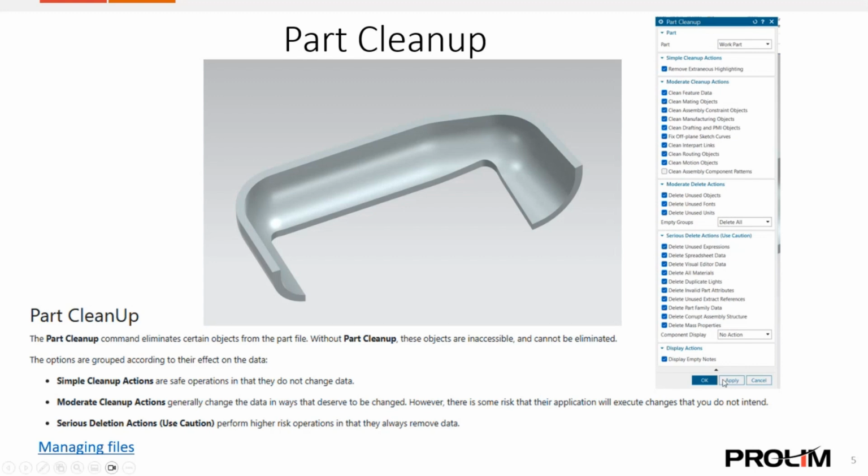Notice we have three areas here. We have simple, moderate, and serious. And if you go and look at the dialog box, it even tells you simple, moderate, and serious. So what I always tell people when you're doing this, make a revision change or do a save as.